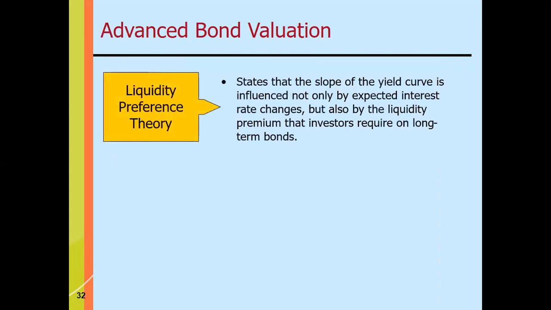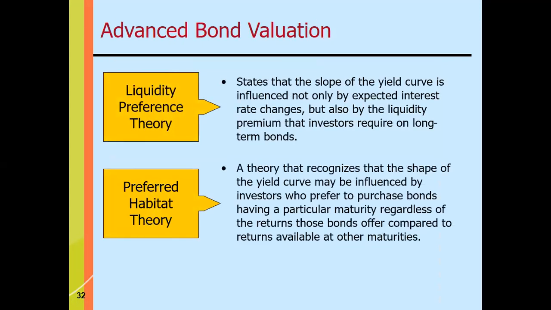Then for advanced bond valuation, we have to know these theories, in which the first one is liquidity preference. This states that the slope of the yield curve is influenced not only by expected interest rate changes, but also by the liquidity premium that investors require on long-term bonds.